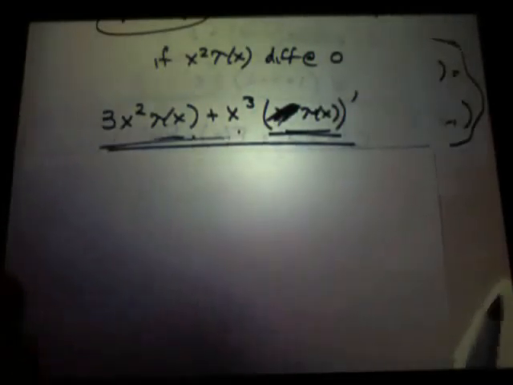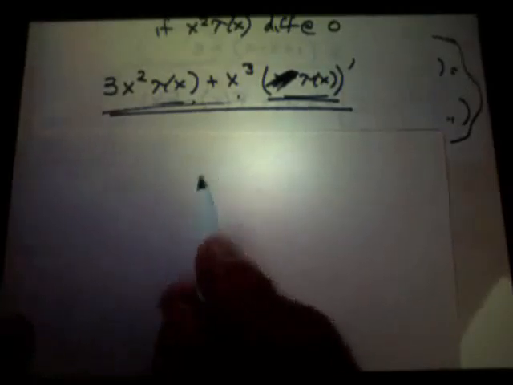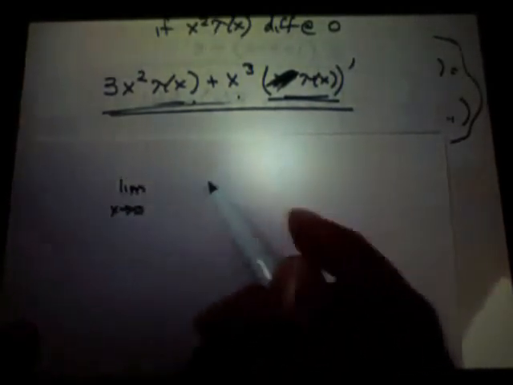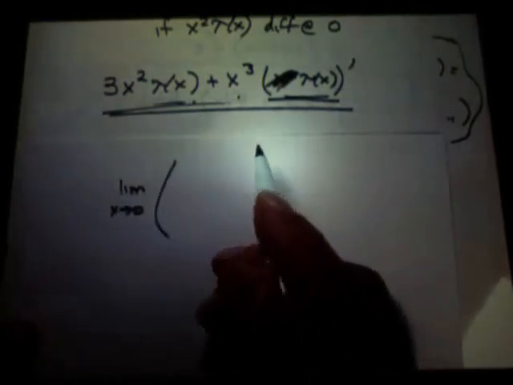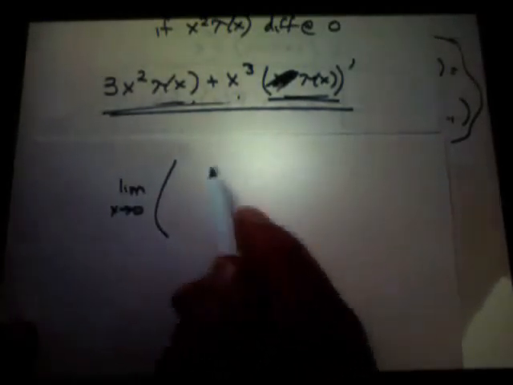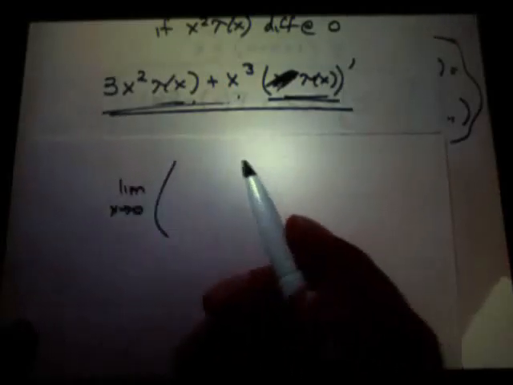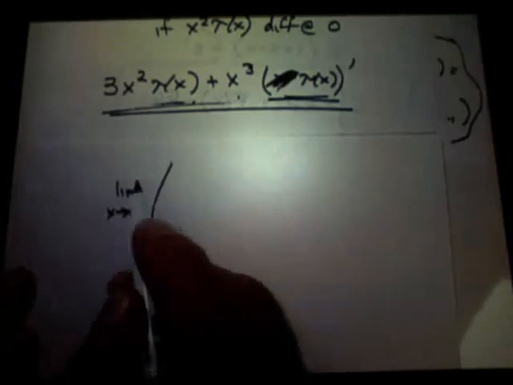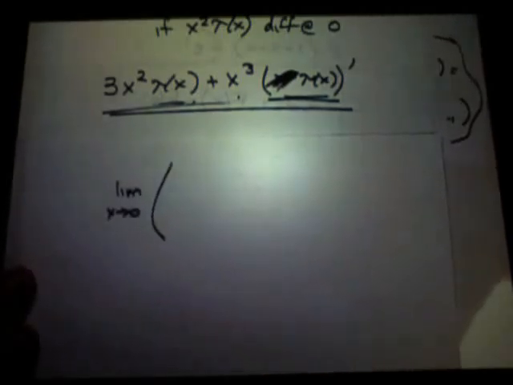Well, I'll tell you, let's just attack this head on. Does the limit as x goes to 0 of... Write down the easiest definition of derivative here.